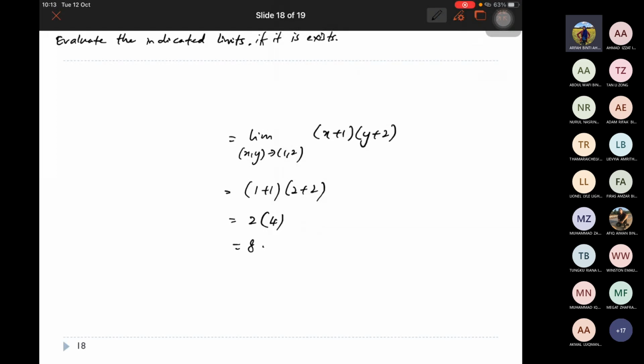Okay. So limit of soalan A, the limit of xy approaches 0 for x minus y over square root of x squared plus y squared. Okay. Buat jap sana kita toilet. Cuba buat tu.